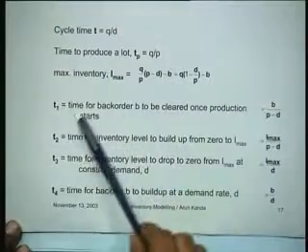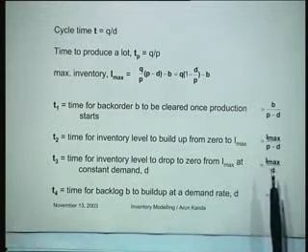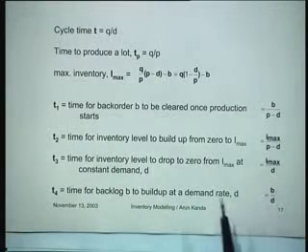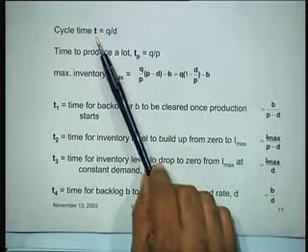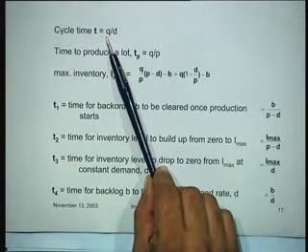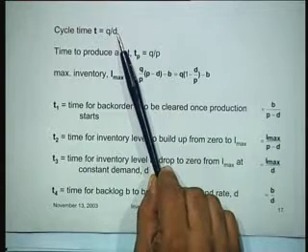So if you look at this formula, what we basically do is express all these times in terms of the production quantities that we have, right? For instance, what is the cycle time T? You have a lot size of Q. How much time will it take you to consume Q? Q by D, where D is the demand.